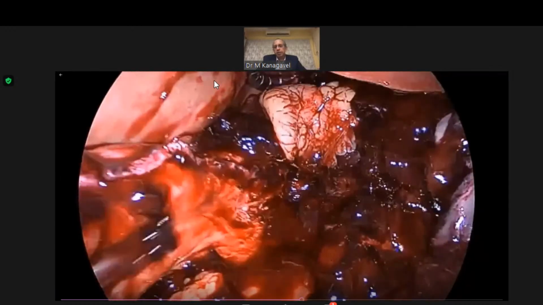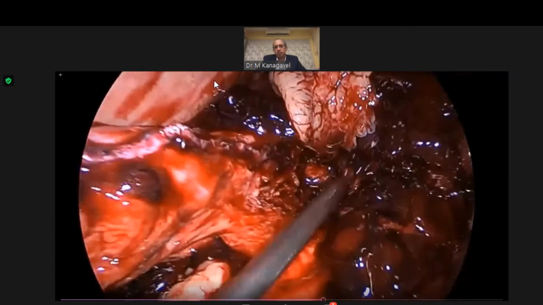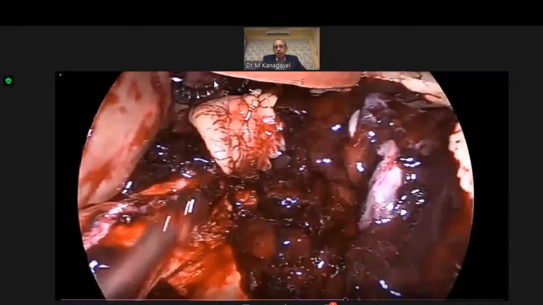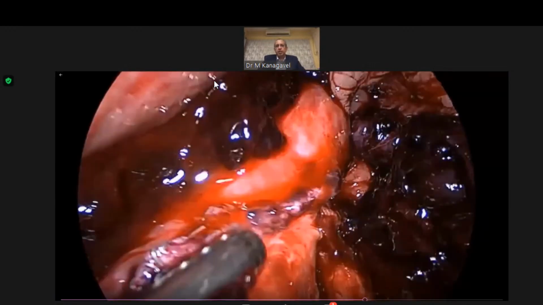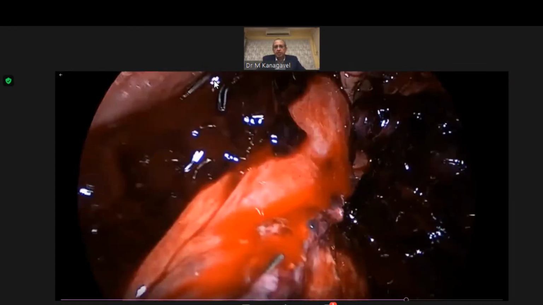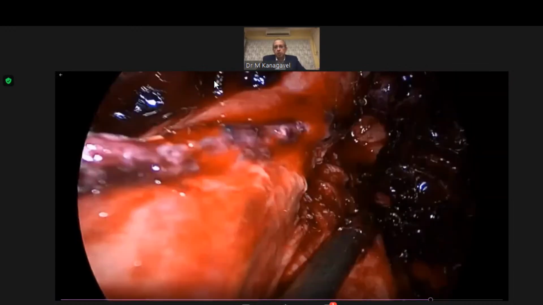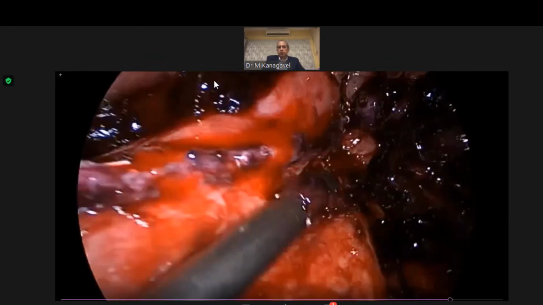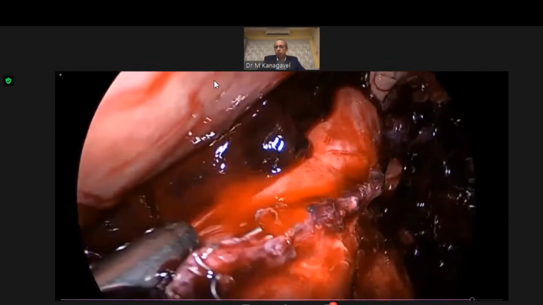But the main issue, I think there are 3 points which are relevant, and I don't feel that this could be related to low molecular weight heparin. A staple line bleed like this may be because of the stapler itself, maybe because of the thickness of the tissue.